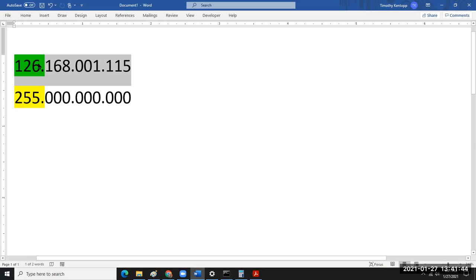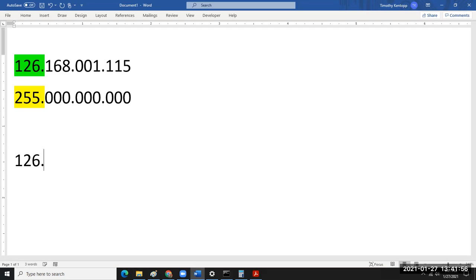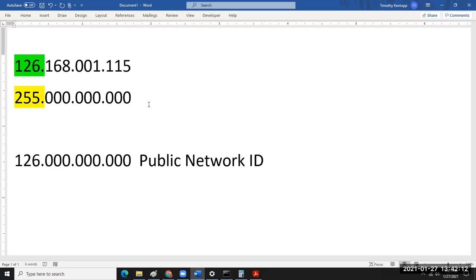Okay, so this subnet mask is more than it looks. Now, let's extend this. With this subnet mask, I know I'm dealing with a class A public network address range, and I know that I'm dealing with 126.0.0.0 for a public network ID. That's the public network identity.